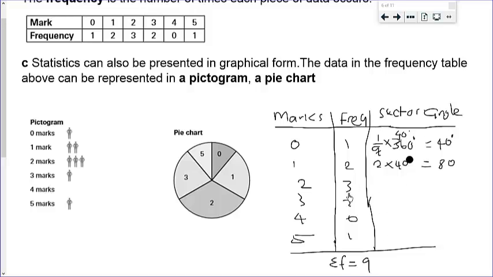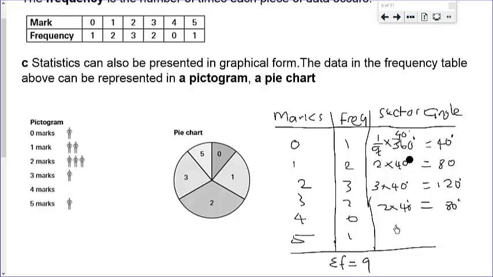Then also this is the same as 3 times 40, because now we're going 9 into 360, 40 times. 3 times 40 degrees will give us 120 degrees. Then this also gives us 2 times 40 degrees, and this will be equal to 80 degrees.